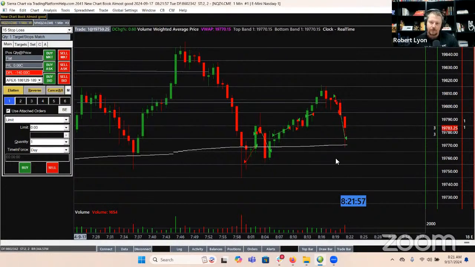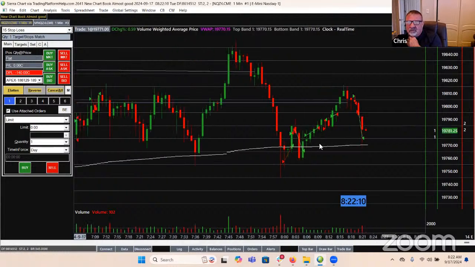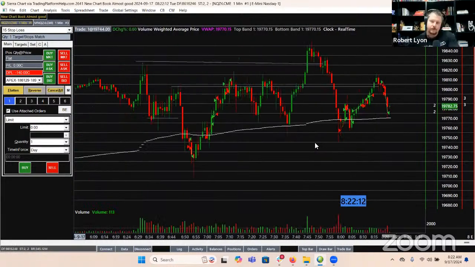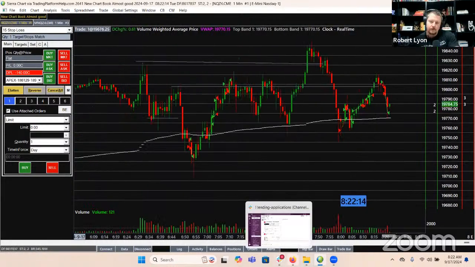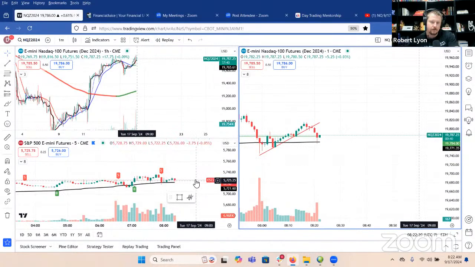So it's an interesting way to look at it. Hey, we started a higher high now, which is interesting. Or a higher low, sorry.